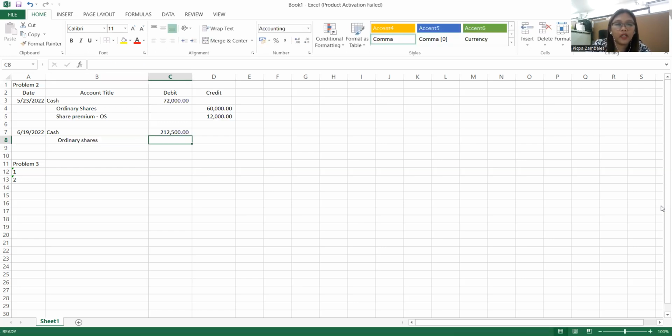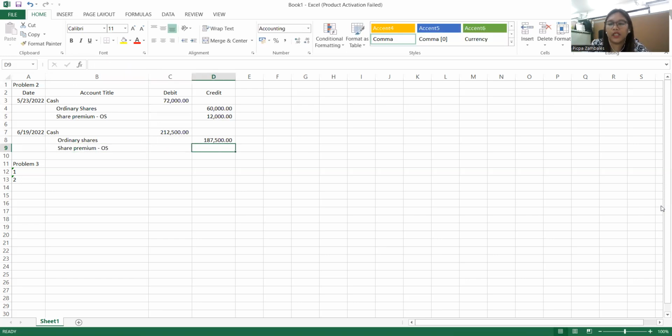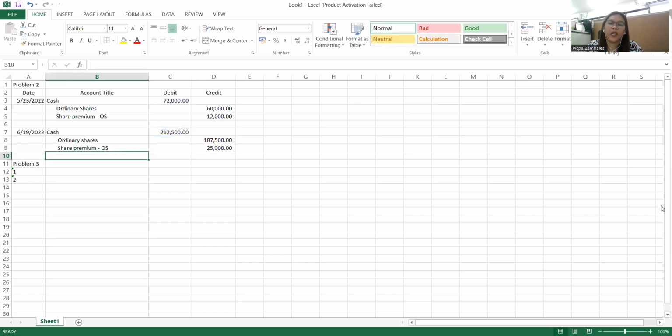Ordinary shares, it's 12,500 multiplied by the stated value of 15 pesos, and that's 187,500. And of course, again, any excess of that will be recorded as share premium, ordinary share. So the difference is 212,500 minus 187,500, it's 25,000 pesos. Okay, now let's continue.